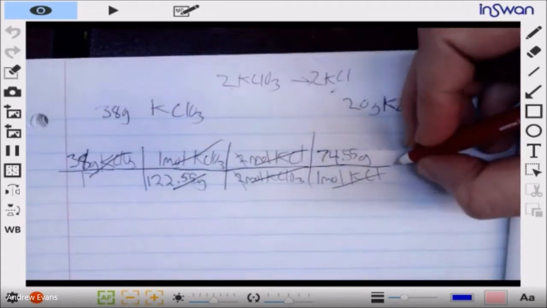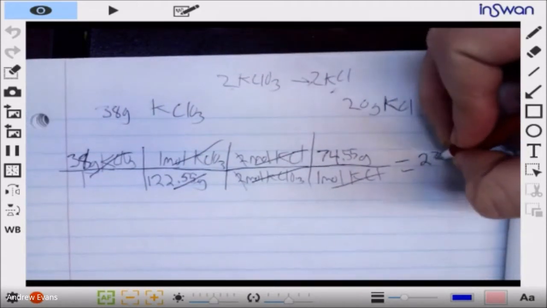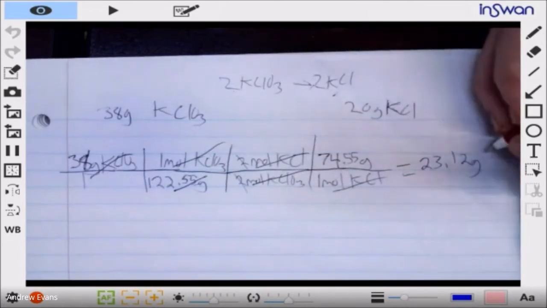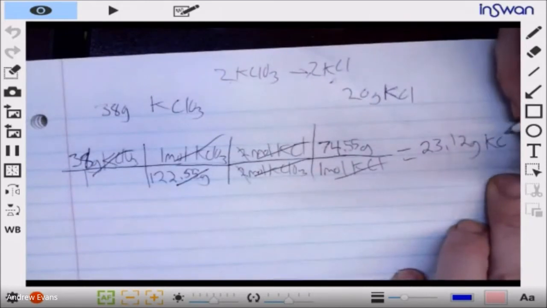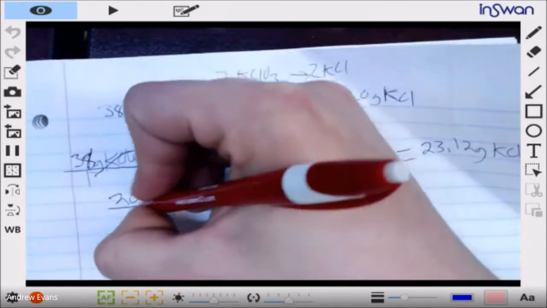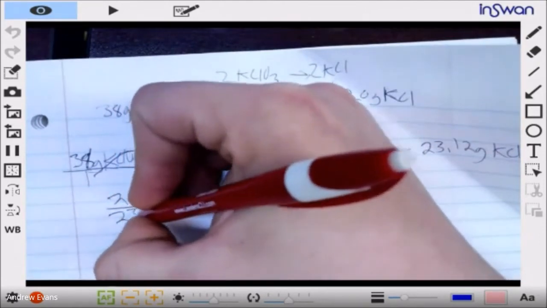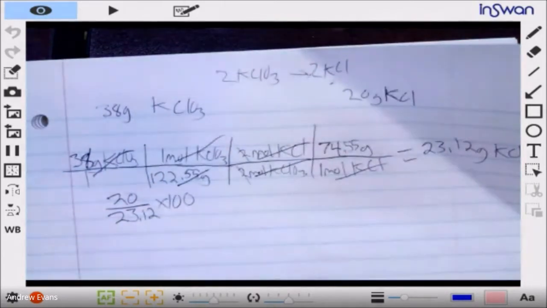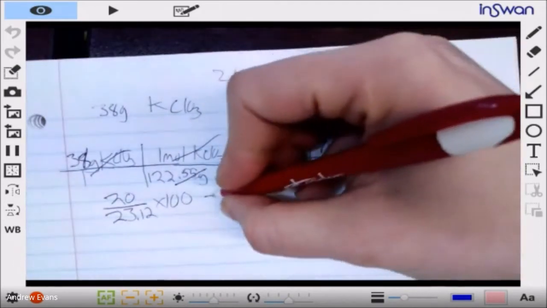So the mass we should have gotten was 23.12 grams. Now, percent yield is simply actual divided by theoretical, times 100 to turn it into a percent. So I'm just going to say 20 divided by 23 is going to give us 86.5%.